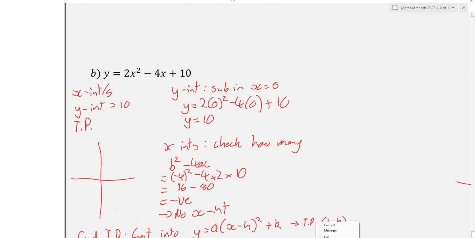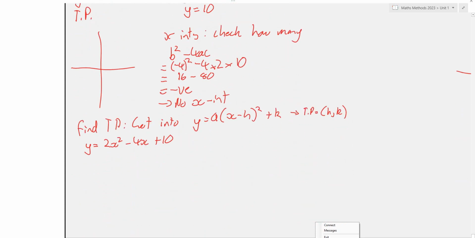Oh no, so I asked what's stopping us from just going straight into solving this? What's stopping us is that there's a number in front of the x squared. Because we've got to get rid of that so that we can look at a simplified version of it, because it's easier to do it with the simple version.